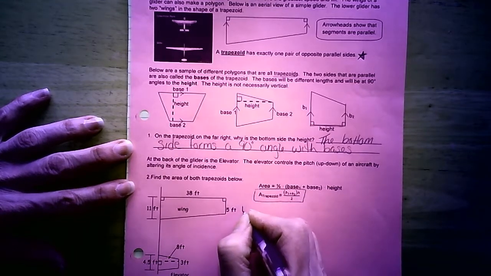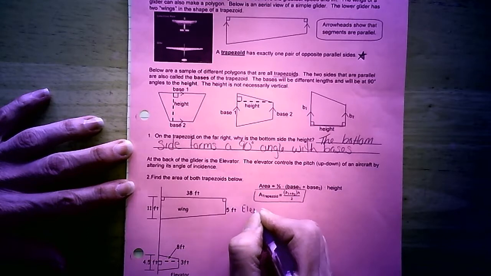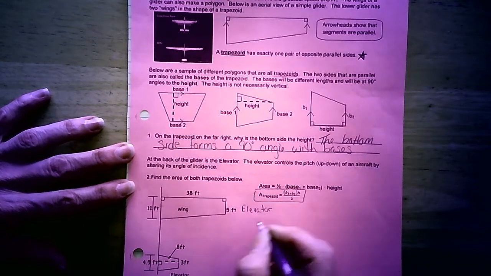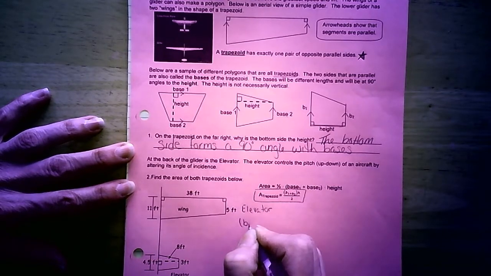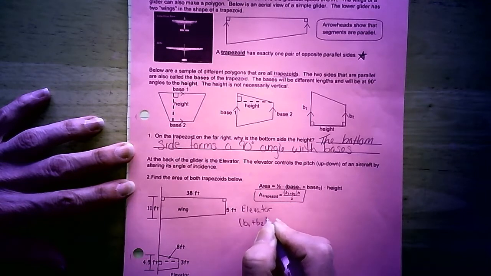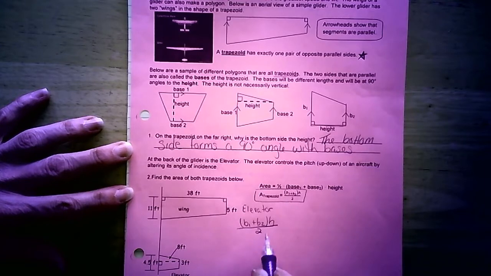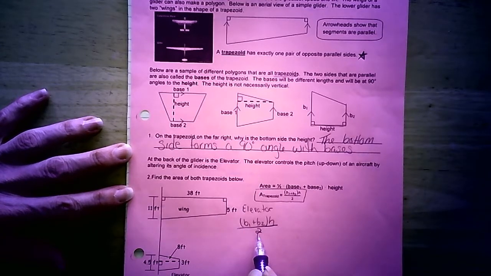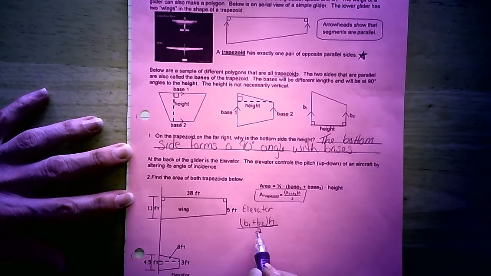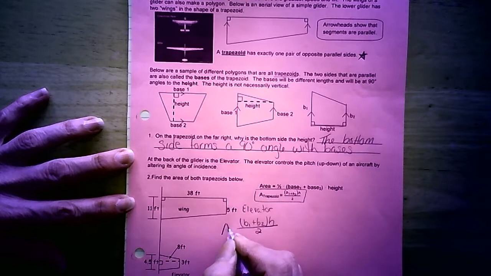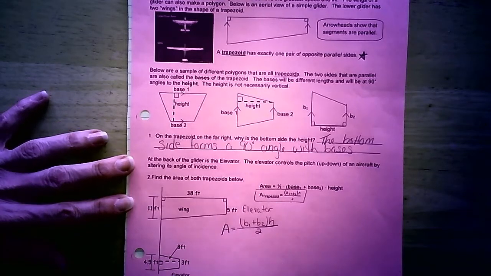So I'm going to start with the elevator, and we're going to say base 1 plus base 2 times the height divided by 2. So by taking the sum of the bases and dividing it by 2, we're really just taking the average of the bases. So our bases are always the parallel sides.